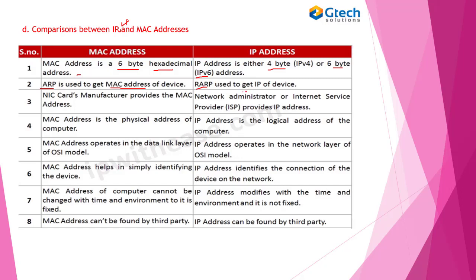Network interface card manufacturers provide the MAC addresses, but the network administrator or ISP provides IP addresses. See the difference? A MAC address is a physical address of a computer, but an IP address is the logical address. A MAC address operates at the data link layer of the OSI model, but an IP address at the network layer.